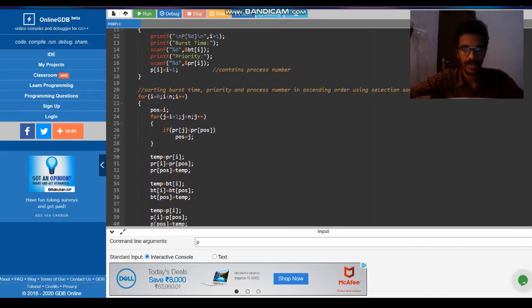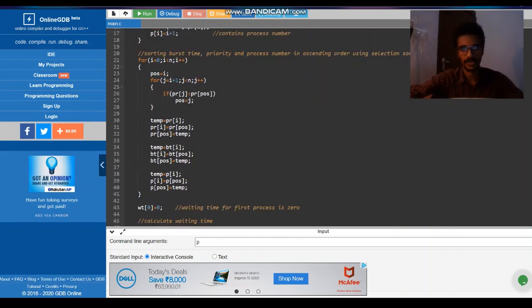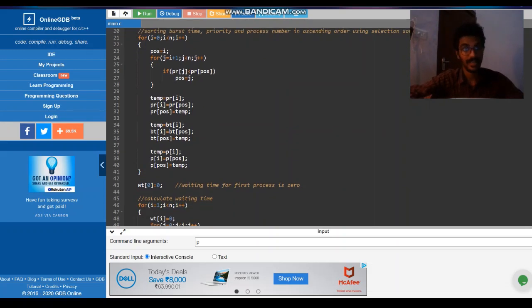And then if the priority of j is less than the priority at pos, j gets stored into pos. And then again I'm using selection sort over here: temp is equal to pr of i, pr of i is equal to pr of pos, pr of pos is equal to temp. It goes into temp, and then the same for the burst time of i, and then for p of i, the process position.